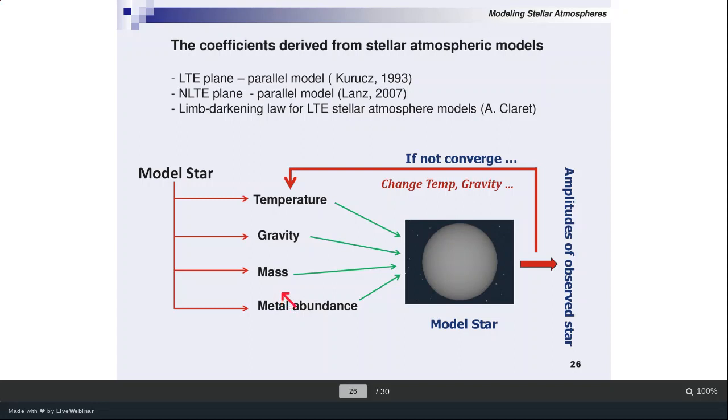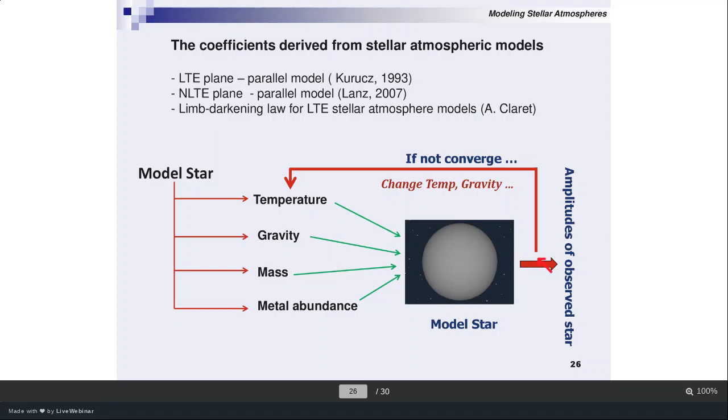So all these are the inputs to determine the theoretical amplitude. We input all these variations into our model and see whether the theoretical amplitudes match the observed amplitudes. If it is not converging, we have to go back, change the parameters again, and see whether it is approaching our observations.